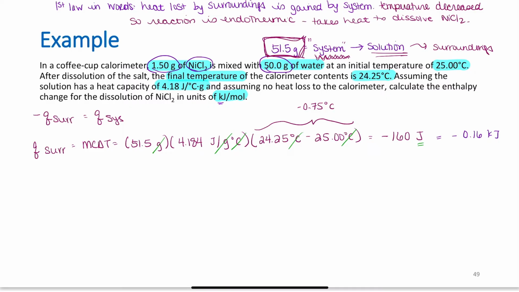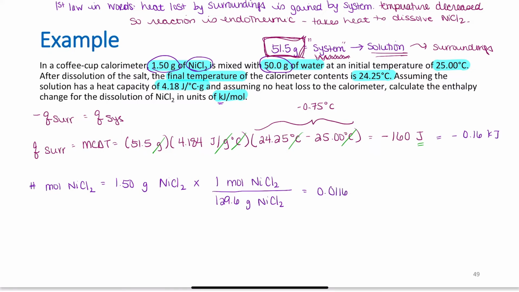Moles of nickel chloride. 1.50 grams of nickel chloride times 1 mole of nickel chloride. Molar mass of nickel chloride, 129.6 grams. 0.0116 moles of nickel chloride.